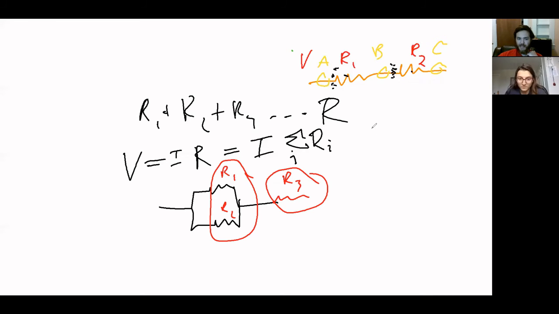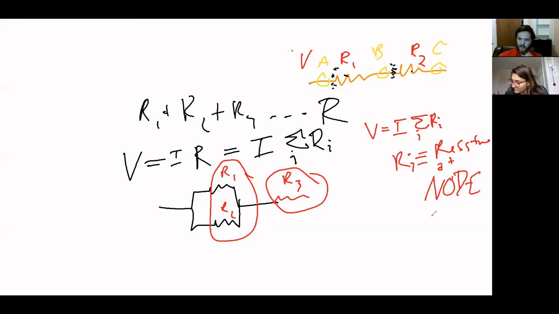I can write that two ways. I can say that V is equal to I times the sum over i of Ri, where Ri is now defined as the resistance at node i, which for parallel is equal to the harmonic combination of A and B, and for series is equal to A plus B at that point.